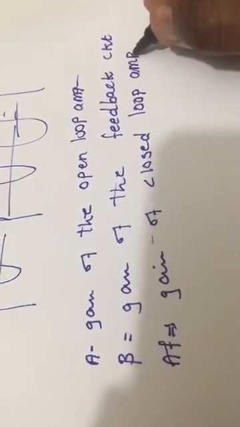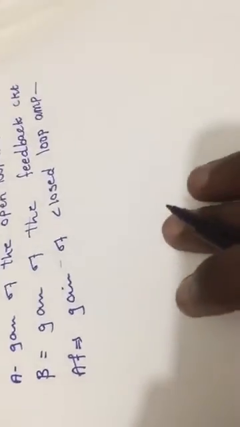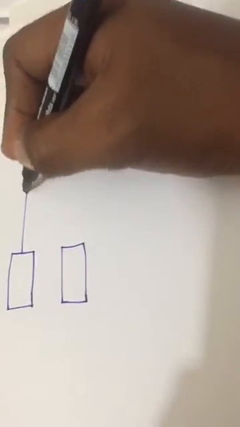Closed loop amplifier. Briefly, if we draw the circuit like this, this is our amplifier, and this is our feedback circuit. Here we have the output, V out, and it goes in this direction back to the V input.